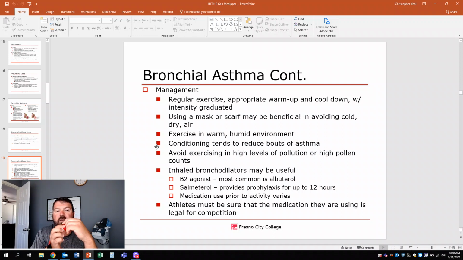If I don't have a spacer, I'm not going to put this to their mouth. I'm going to hold it an inch or two away and say, all right, 3, 2, 1, and then they hold it in for about 10, 15, 20 seconds if they can. I'll usually give them 2 pumps of this.